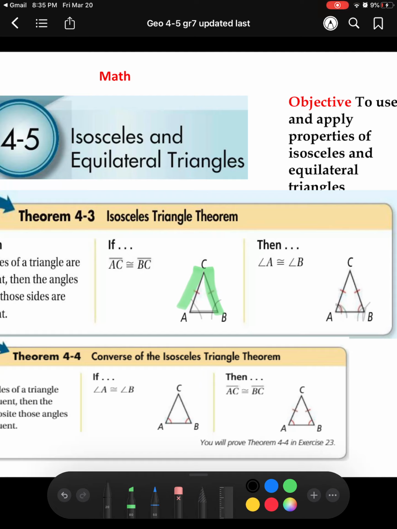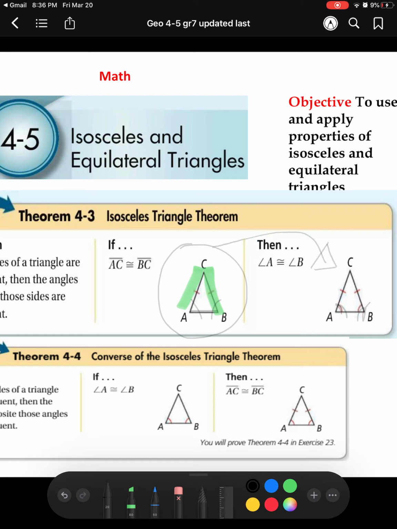We have a converse of the isosceles triangle theorem. What's the meaning of converse? It's like the opposite, not opposite in meaning, but opposite in direction. It means in the first theorem, this is the cause: since we are talking about an isosceles triangle, the base angles are congruent.